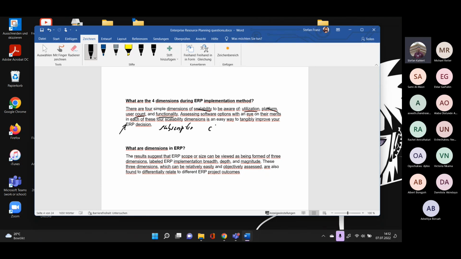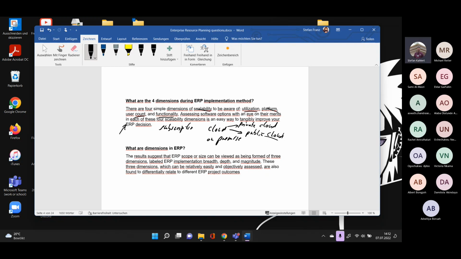If it's cloud or if it's on-premise, right? And if it's cloud, it's either private cloud or public cloud.